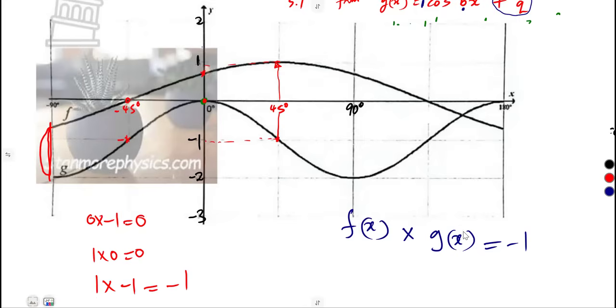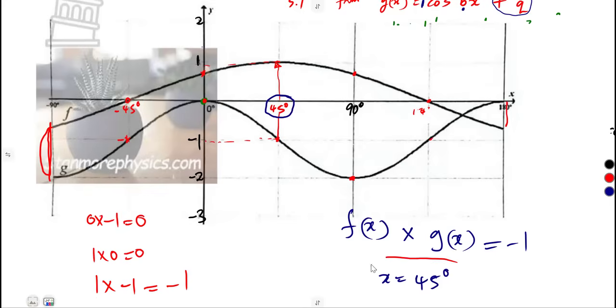It occurs at 45 degrees. So x is supposed to be 45 degrees. All right, let's move on. At 90 degrees, we cannot have a minus 1. At 135, it's 0. There's nothing there.